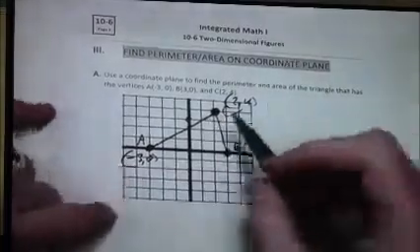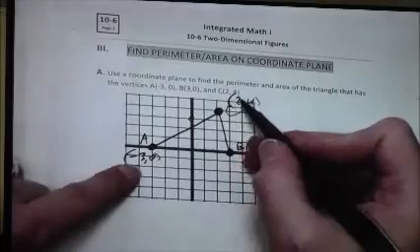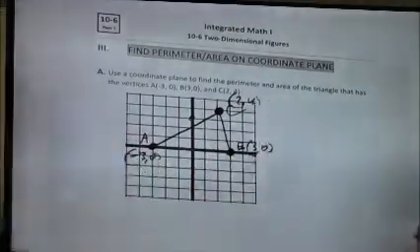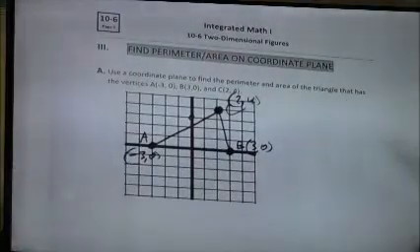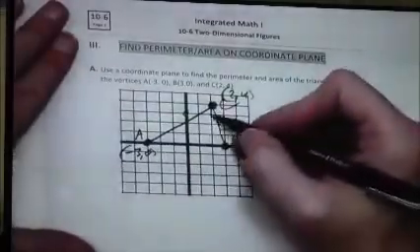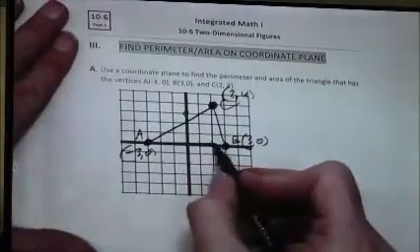So we could find the distance here by doing x minus x squared plus y minus y squared. Nothing wrong with that at all. When you have it on a coordinate plane, though, you have it even easier. I am going to make a triangle here.